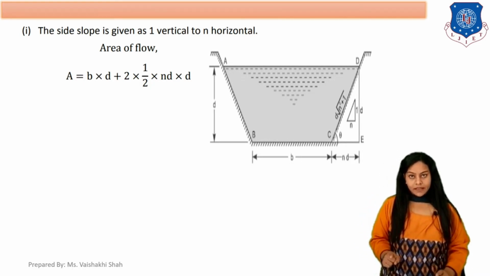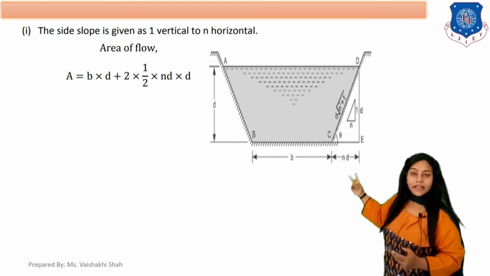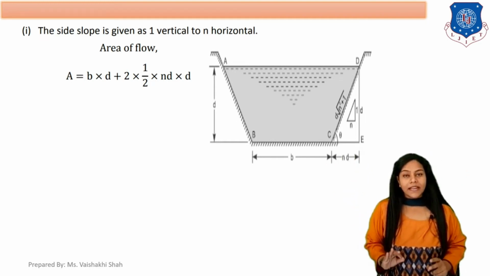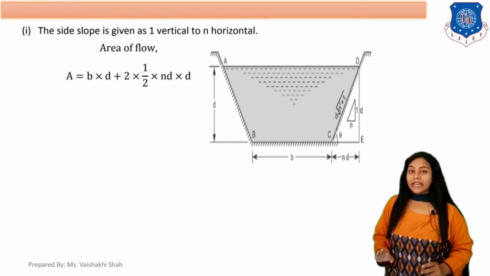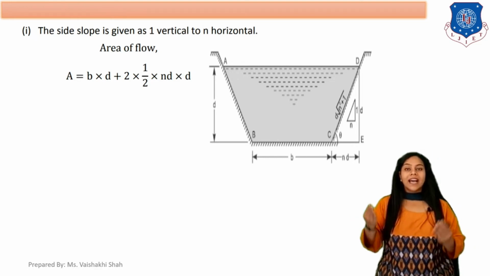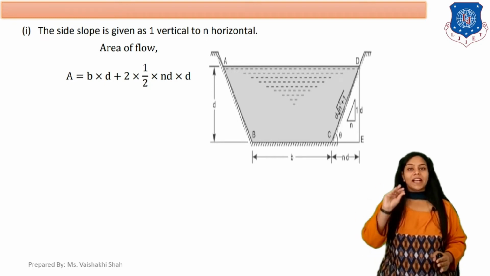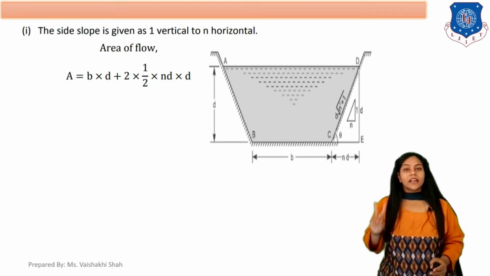Now there are two triangles, one on each sloping side. The area of a triangle is half base into height, multiplied by 2 because there are two triangles.